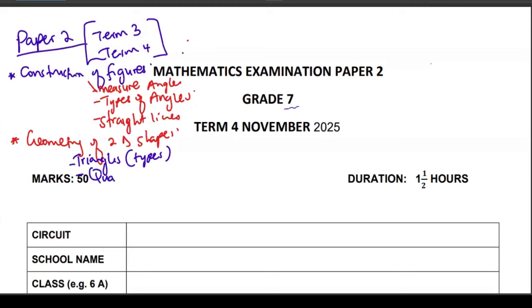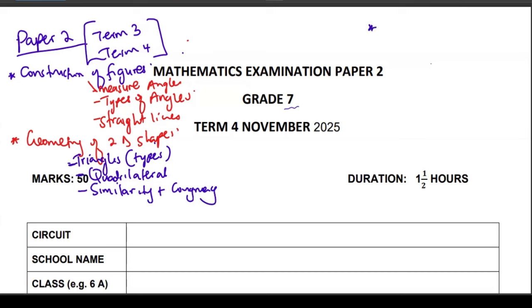You also talked about quadrilaterals: the rectangle, square, parallelogram, rhombus, kite, and their respective properties. Besides that, you also talked about similarity and congruence, similar shapes and congruent shapes. You need to understand that.